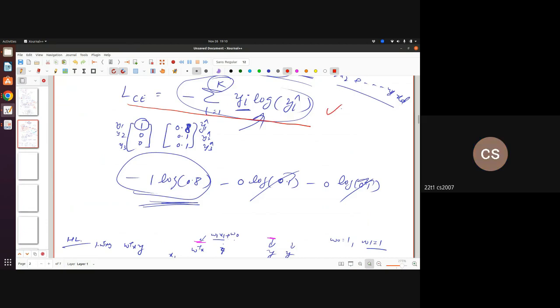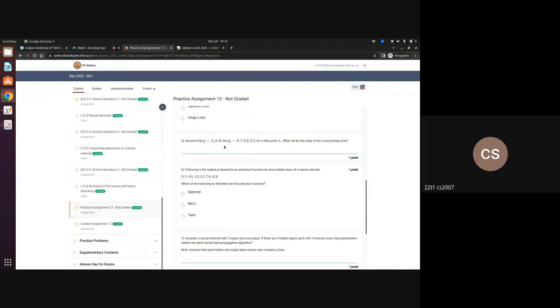This one. This is a classification problem. This is the actual y vector, and this is a 3-class classification problem, as you see. And this is the vector that is produced by our model, right? 0.7, 0.2, 0.1 are the probabilities that our model has generated, and we have to find the value of cross entropy loss.